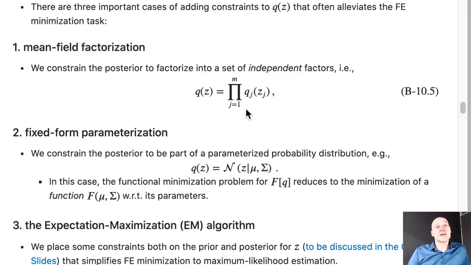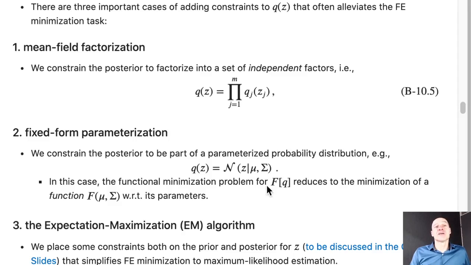The other way, of course, is you say my posterior over Z is going to be parameterized by a Gaussian or by a gamma or by a beta distribution, and I only now need to optimize these parameters mu and theta.